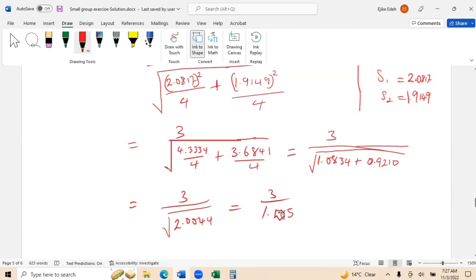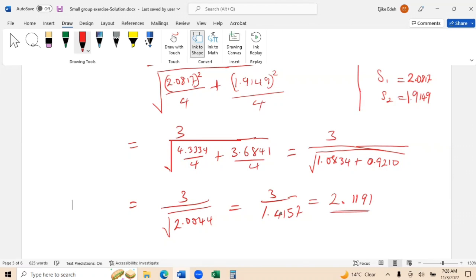If you divide 3 by 1.4157, you are going to get this value here, 2.1190, or 2.1191 to 4 digits.